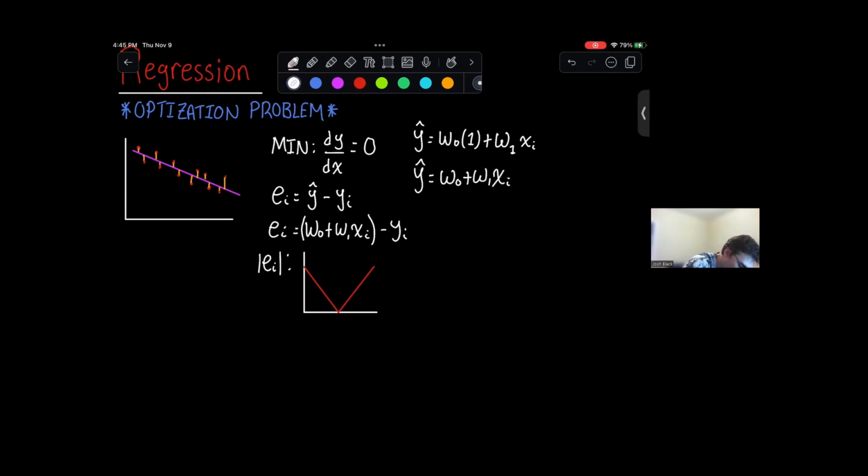So what we'll do is try to minimize the sum of all the errors squared. What does this give us? It gives us a nice convex function that looks like a parabola, and if we minimize that, we can actually find a minimum.